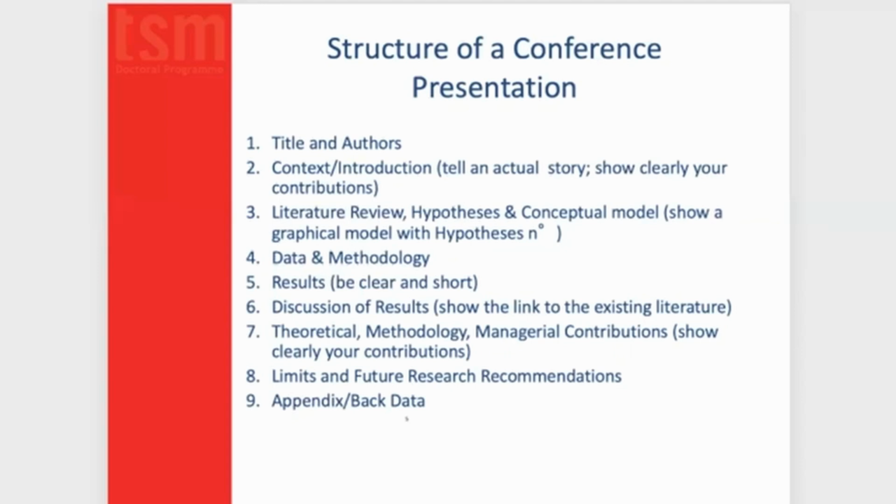In most cases, these questions are never asked, but to be sure, in order not to be in difficulty or to struggle when somebody is asking you a question, I would recommend you to put there as much data as possible coming naturally from your conference paper, in which you show the details of your study, the complete representation of your sample. So all this information might be interesting or can be questioned by the people who are listening to you.